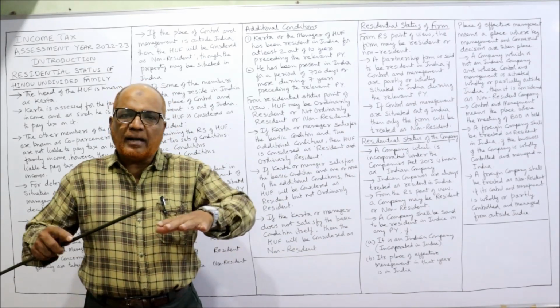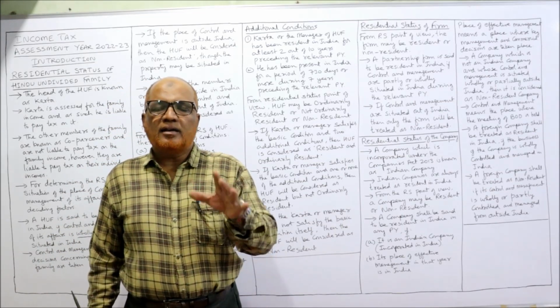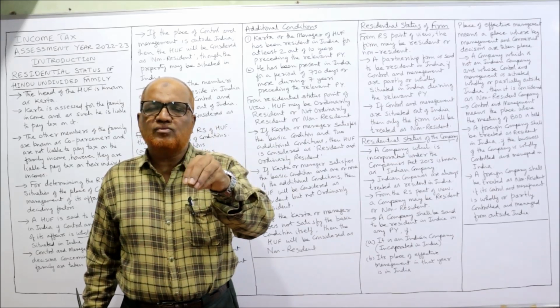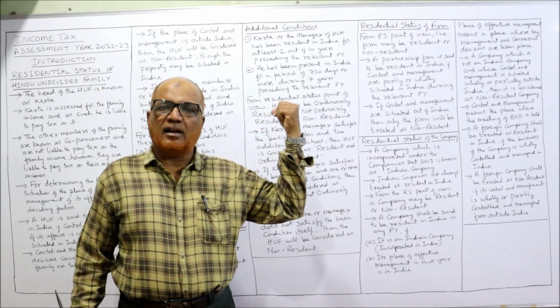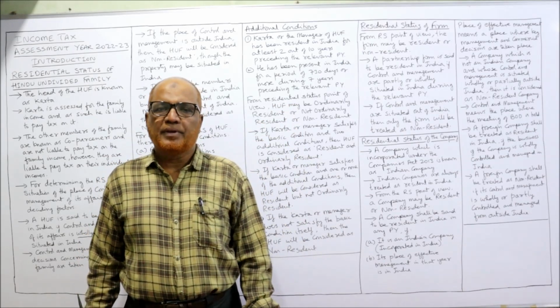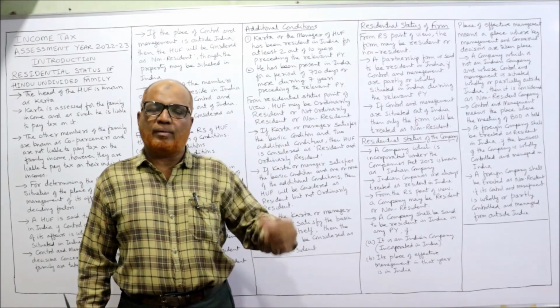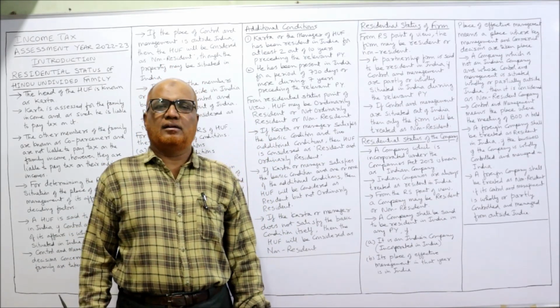Suppose the partners have decided that during the year 10 meetings have to be conducted. Out of 10 meetings, 5 meetings we conduct in India and the remaining 5 meetings we conduct outside India. That means the partnership business is partly controlled from India and partly controlled from outside India. Then also the partnership firm is called resident.